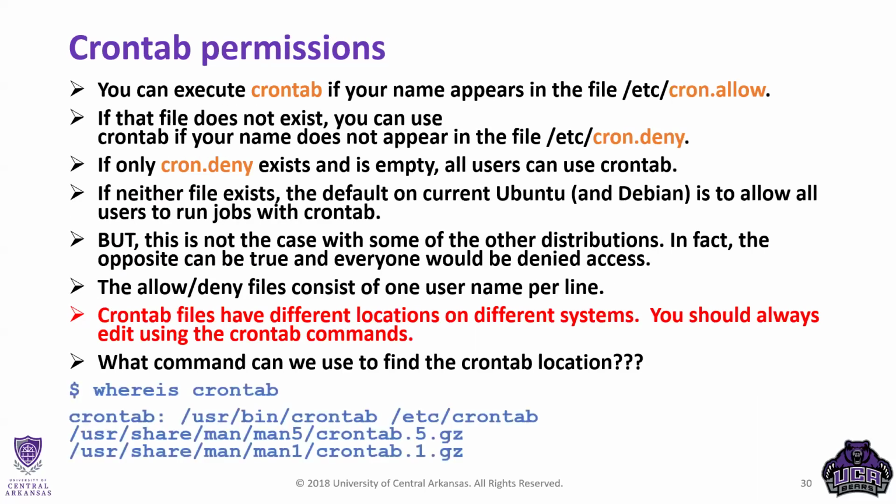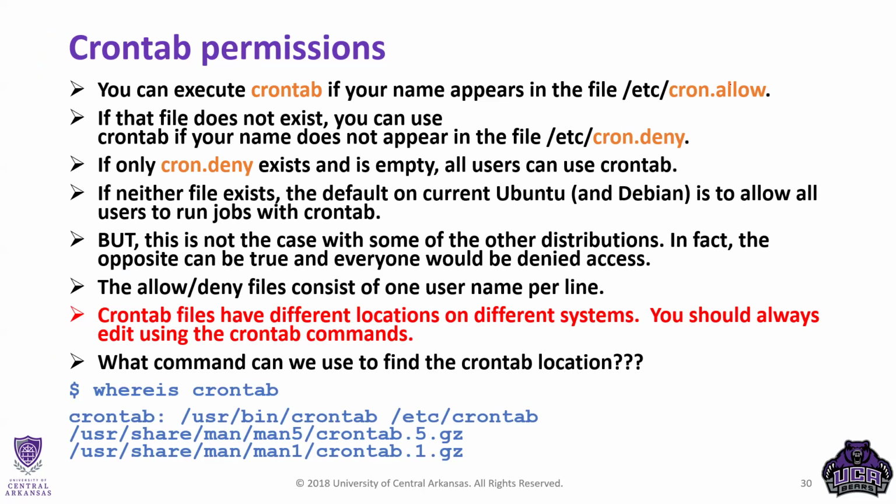And then this right here, it's confusing on this part. So this is kind of like who's allowed to actually edit the thing. So by default on your system, on Ubuntu, you're not going to have these files. But if there is a cron.allow in there, and you put a username in it, then only that person can actually use cron tab whatsoever.